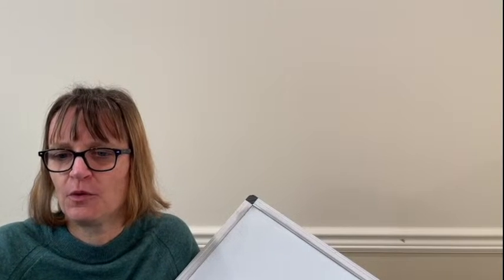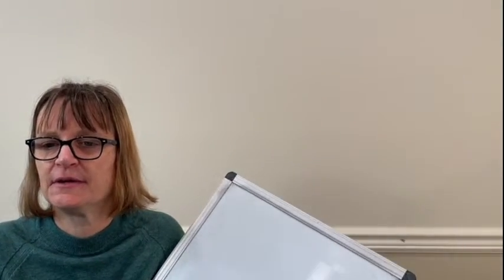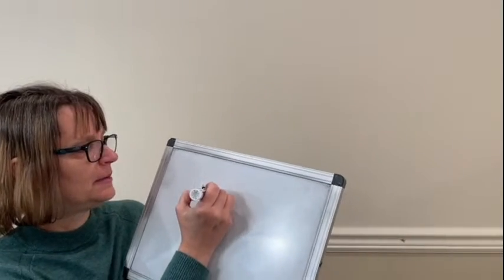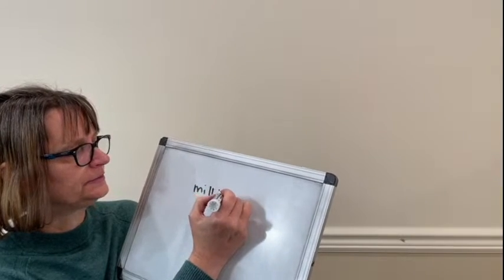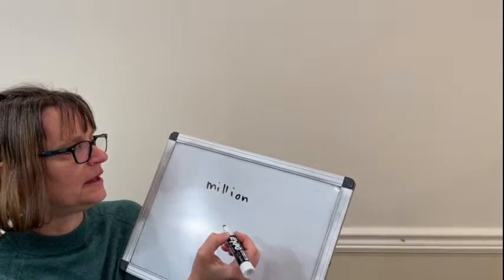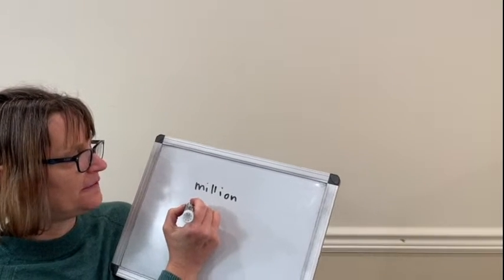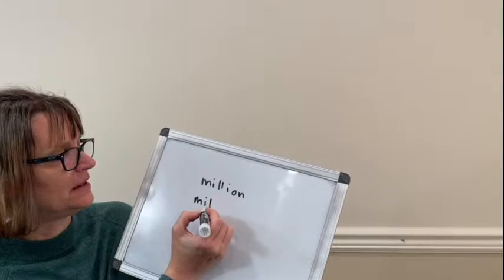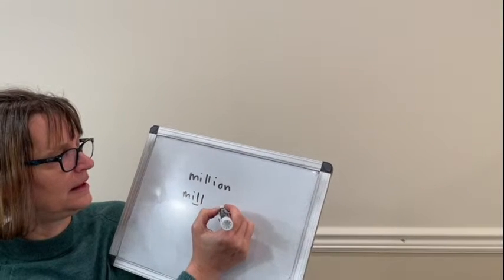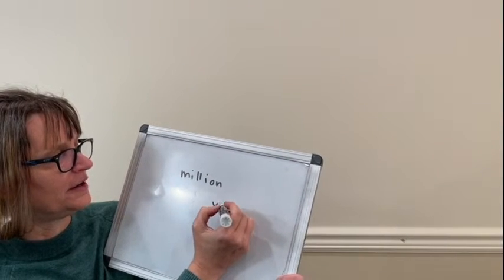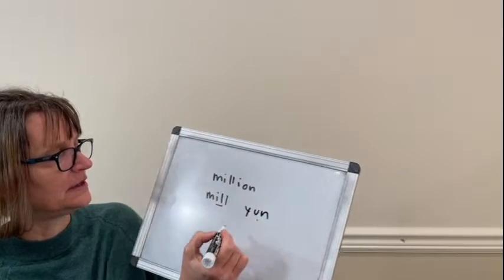Okay, we have a question about the word "million" with the L instead of the Y sound. So "million". I think you need both the L and the Y sound because the first part is "mill", and then we have our "yun" sound, "million".